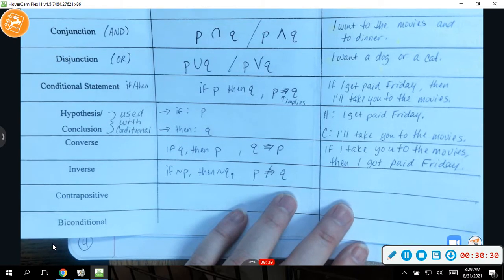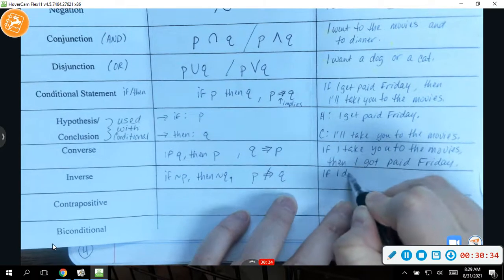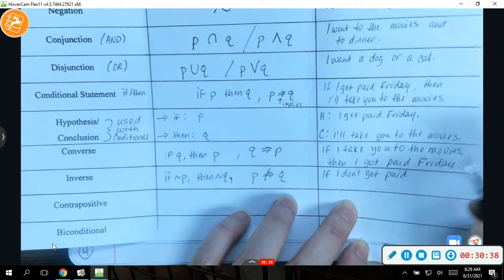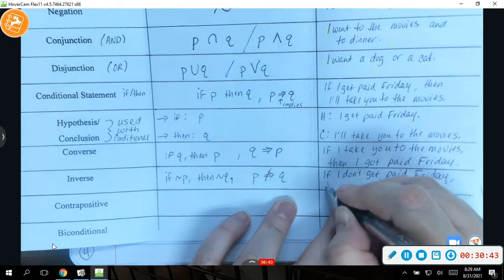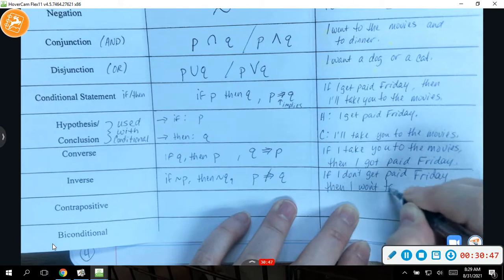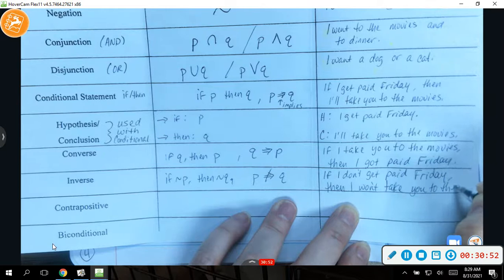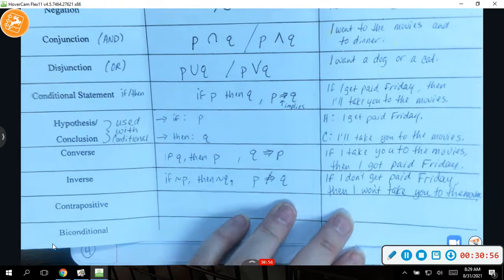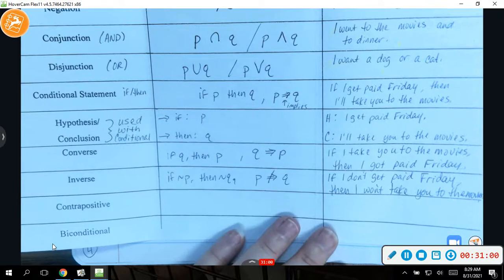So, if I use this one, if I don't get paid Friday, then I won't take you to the movies. Oop, I gave myself very little room to write movies. So sorry, that last word is movies, but I had to get littler and littler on that.